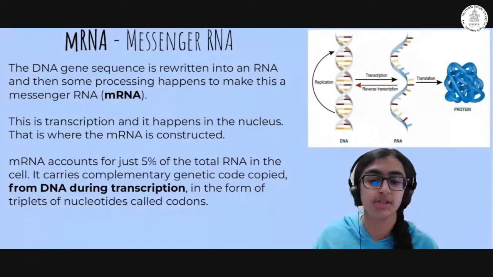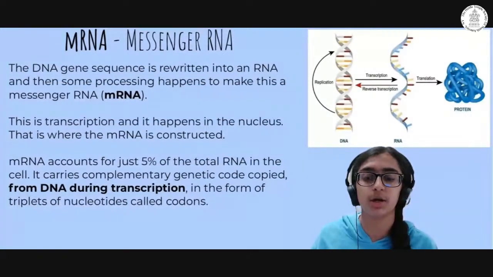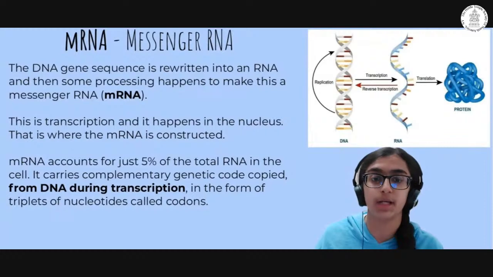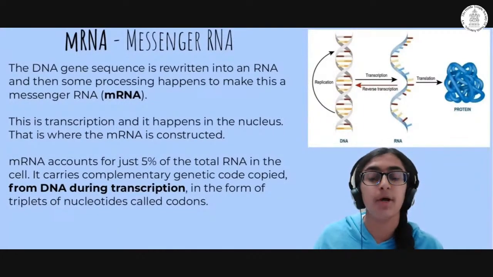The DNA gene sequence is rewritten into an RNA, and then some processing happens to make this a messenger RNA. This is called transcription, and it happens in the nucleus. That's where the mRNA is constructed. mRNA accounts for just 5% of the total RNA in the cell.